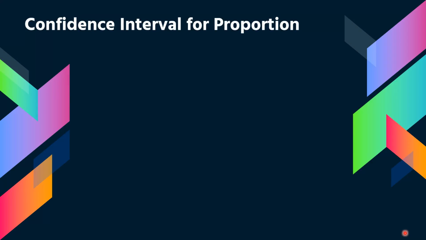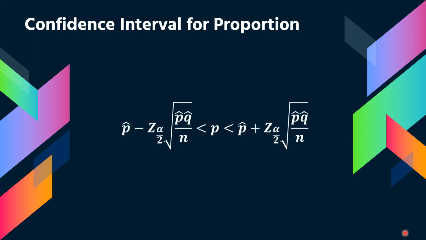Confidence interval for the proportion. That is just, by the way, the example for the P hat and the Q hat. So for us to solve the confidence interval for the proportion, we are going to follow this formula. The population proportion p is greater than P hat, the proportion of the sample, minus Z. In this case, Z, because we're going to use the concept of N greater than or equal to 30.